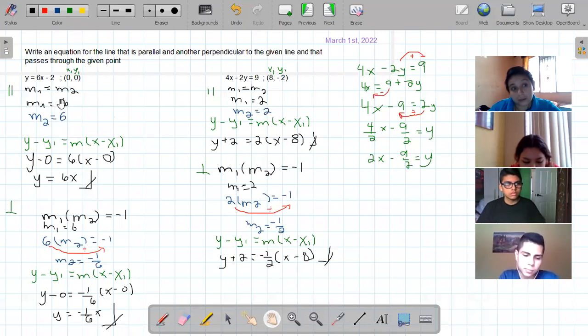And then in another coordinate plane, you're going to graph the original and the perpendicular one that you found, okay? And you can graph it using any method that you want. It could be intercept, it could be slope-intercept form, it could be point slope, okay? I don't want you to use input-output table because it will take you so long. And basically, this is the last topic for this workshop. Questions?